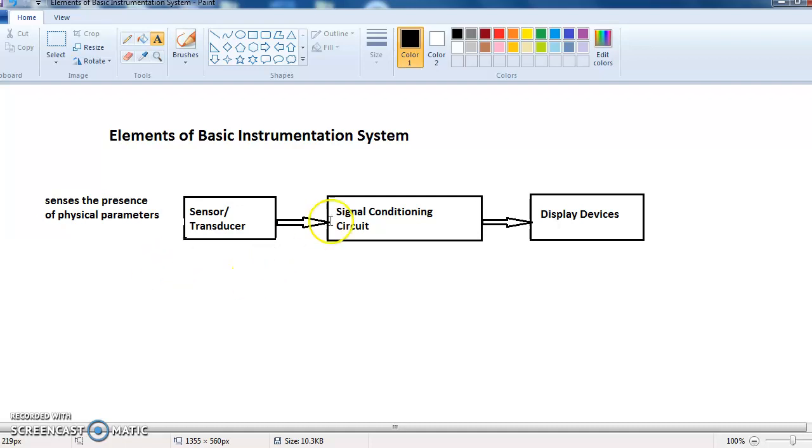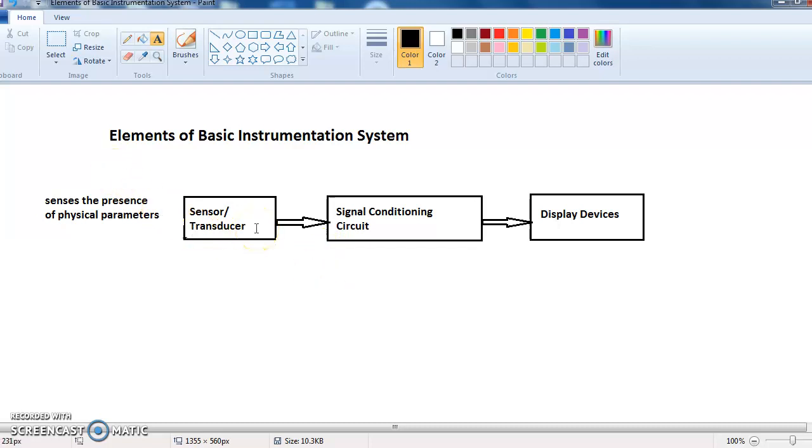But now we know that each and every output that we see is in electrical format. So if I want to pass on the signal of a sensor from one device to another device, from one location to another location, it will not be easy with physical parameters. Obviously, I will require the output of the sensor to be in electrical format, and therefore we have transducers.